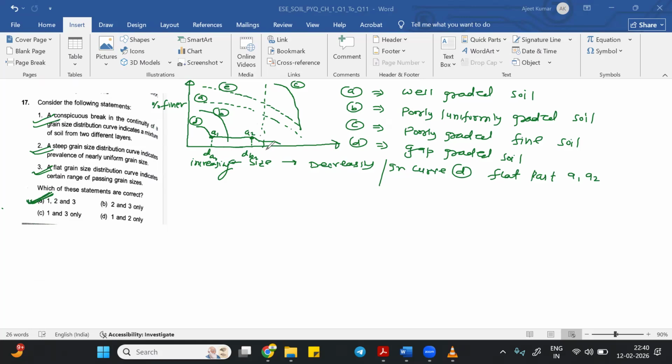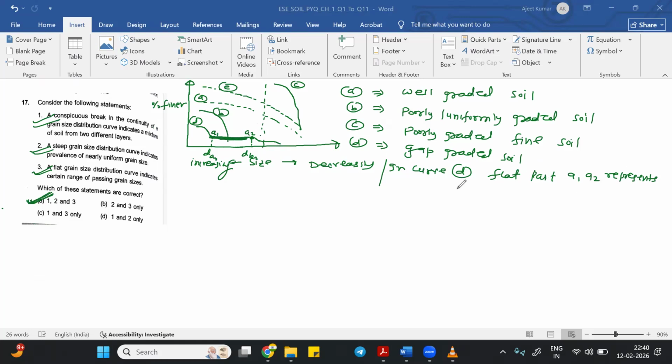Flat part A1 A2 represents this part we are talking about, this part.